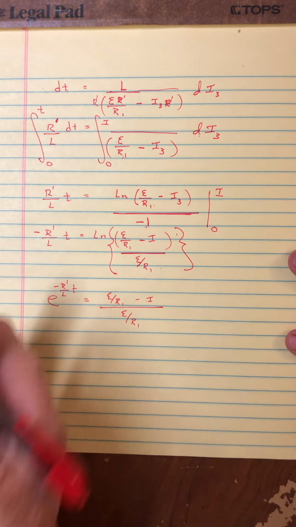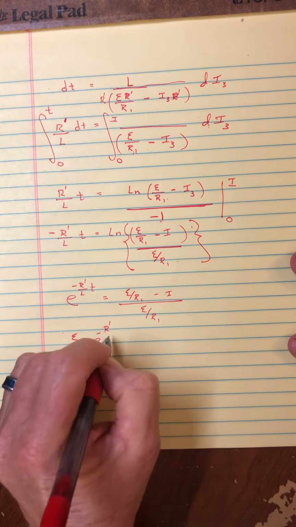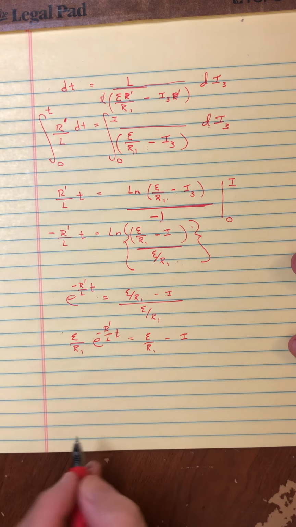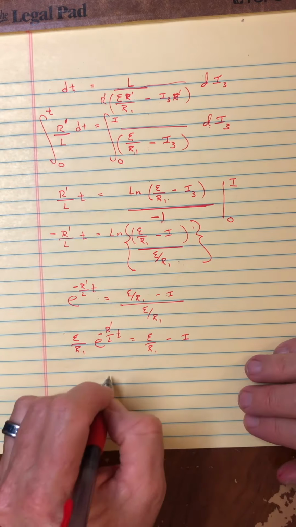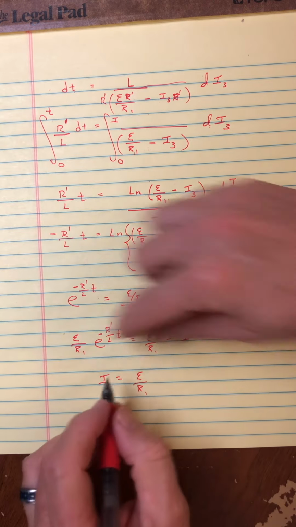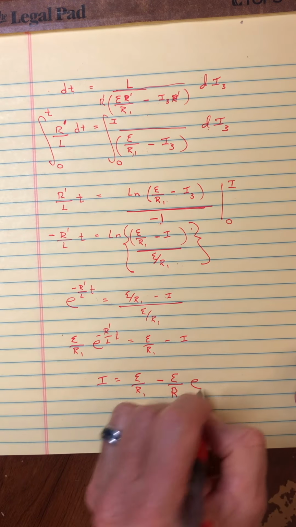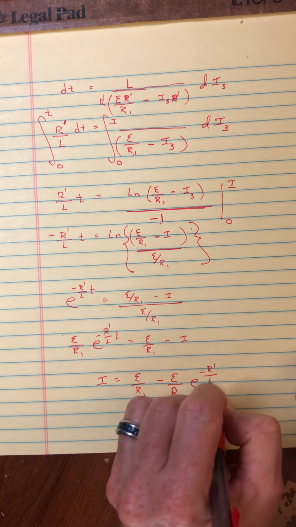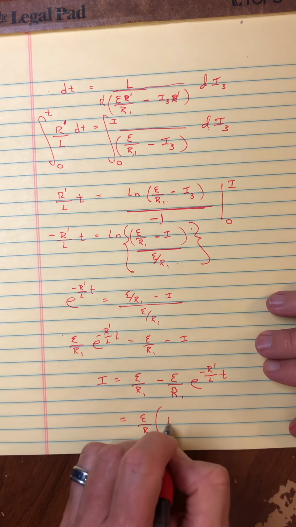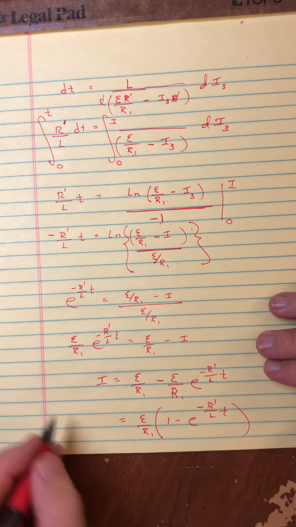We'll move this to the other side. Now we'll solve for the current finally. Move the current to the other side and move this exponential to the other side. And then finally, we get the answer.